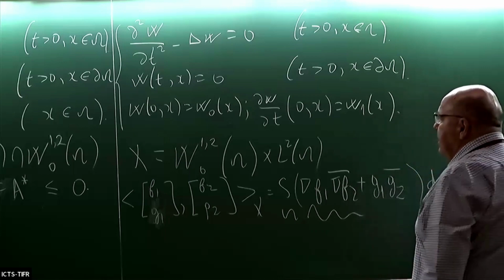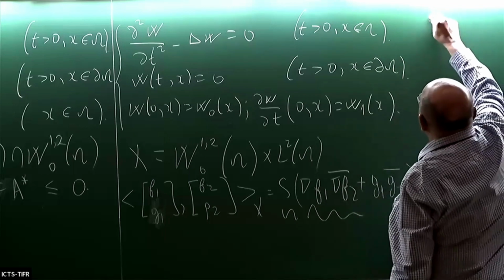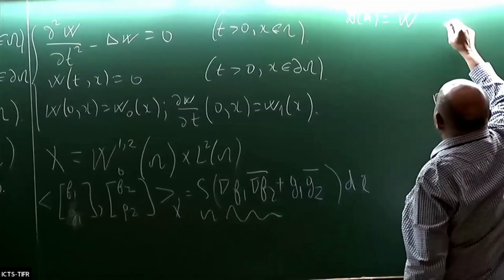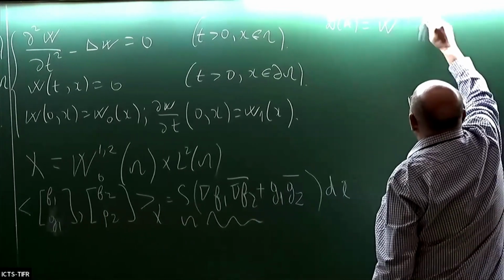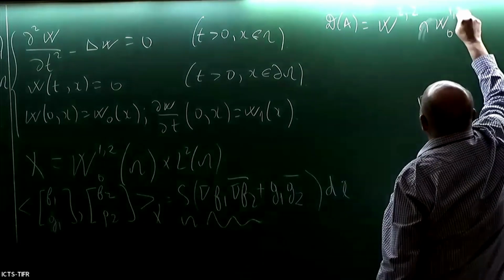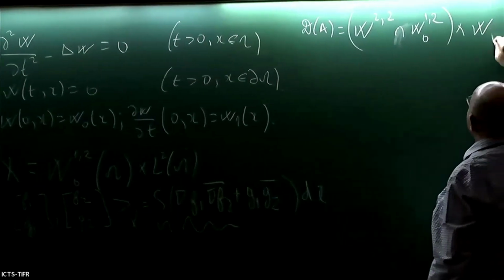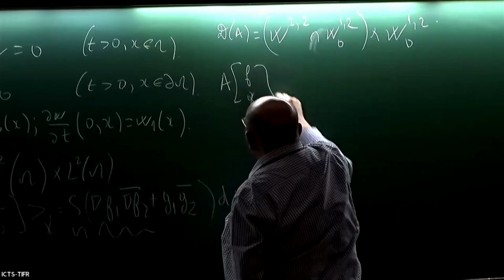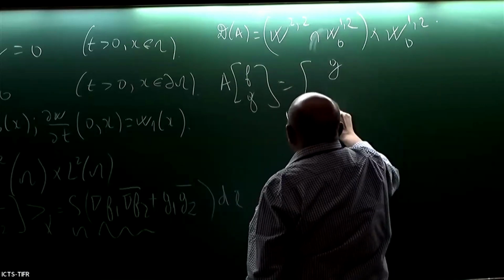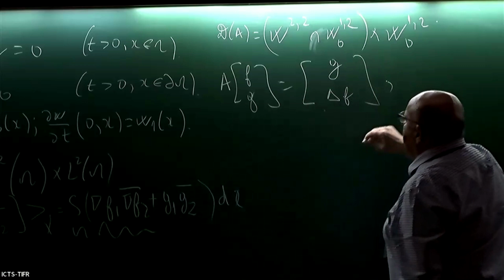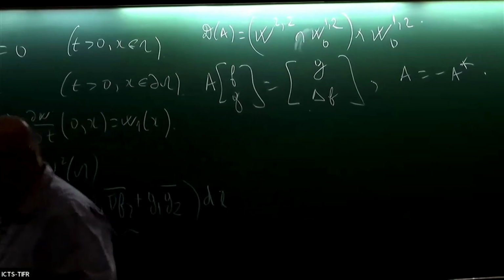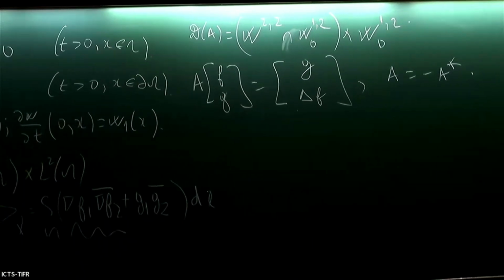But this particular choice is important to make the operator, which has a domain D of A equal to W^{2,2} cap W^{1,2}_0 times W^{1,2}_0, defined by A of (F, G) equal to (G, Laplacian F), to make this operator skew adjoint. So skew adjointness is really working in the strict sense because I choose this inner product.